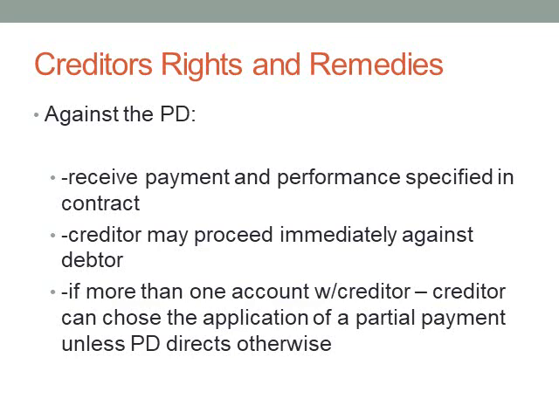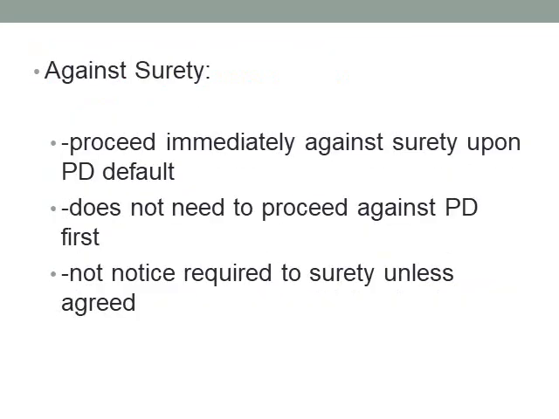Generally, if a defaulted debtor has more than one outstanding account with the creditor and makes a partial payment, the debtor can choose which account it goes to, but with no instruction, the creditor gets to choose which account they'll apply the payment to.